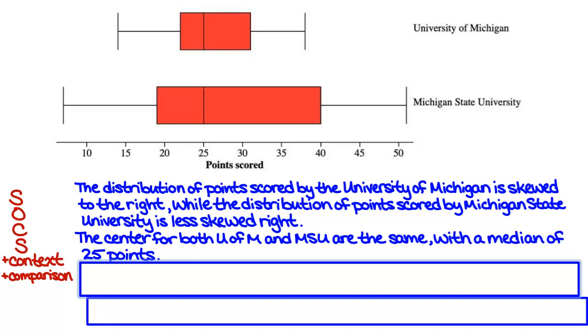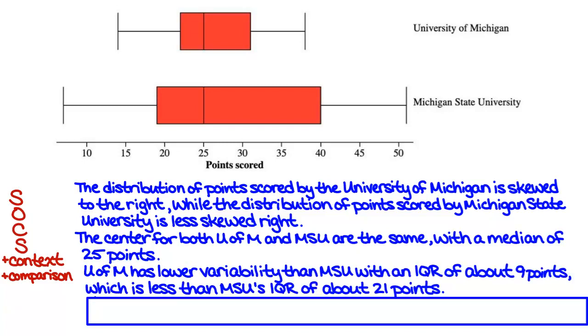So which one's bigger again? Michigan State. I'm going to make sure to use that kind of language. U of M has lower variability, there's a comparative word, than MSU with an IQR of about 9 points, which is less than MSU's IQR of about 21 points. I could have said more instead of less and switched it around the other way, but you got to get that comparison word in there.